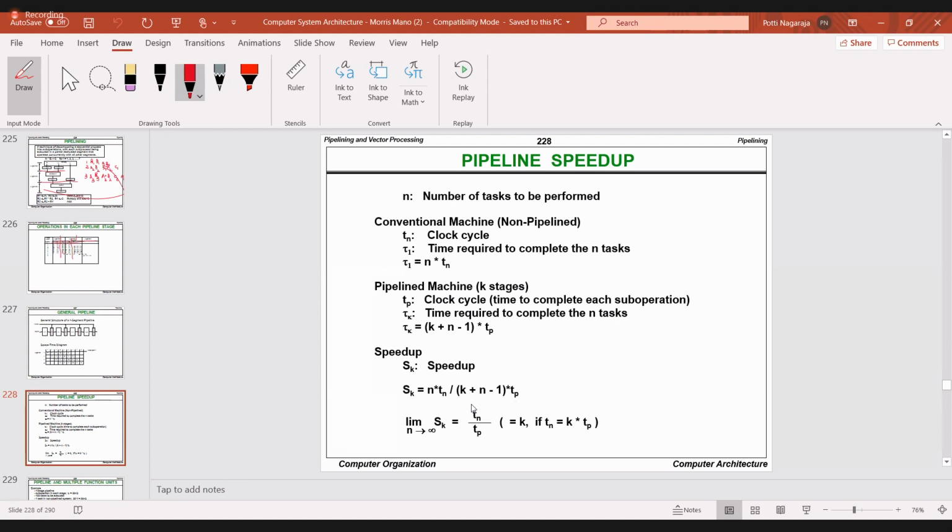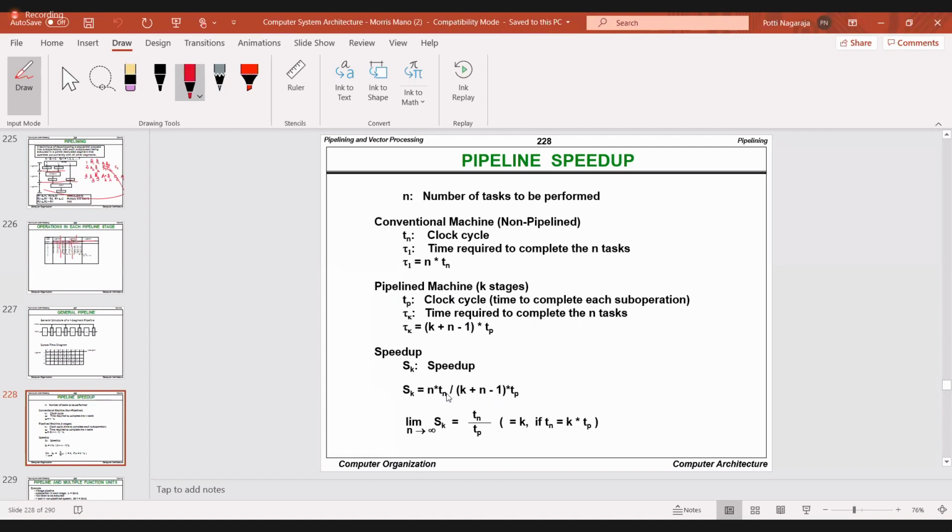Now assume that the number of tasks is large. Then n is more compared to k and minus 1. So we can write n into Tn, because n is infinity, so k minus 1 is negligible.